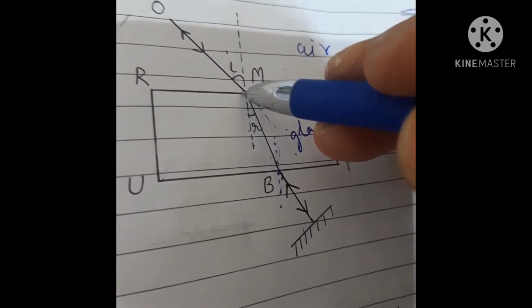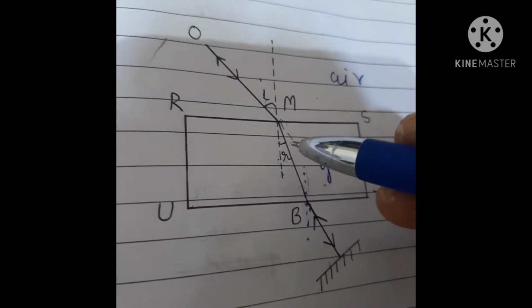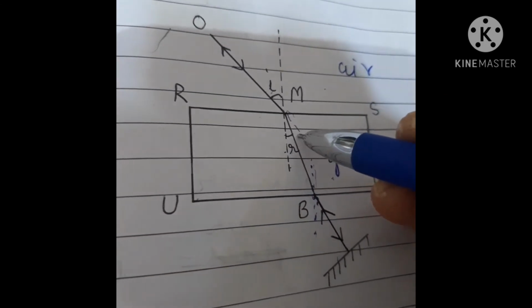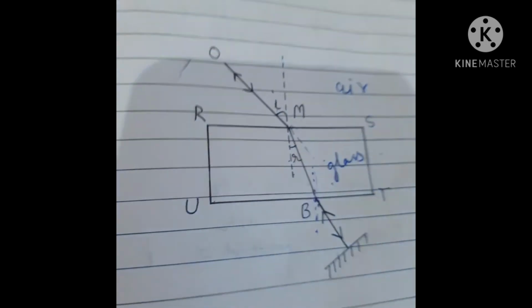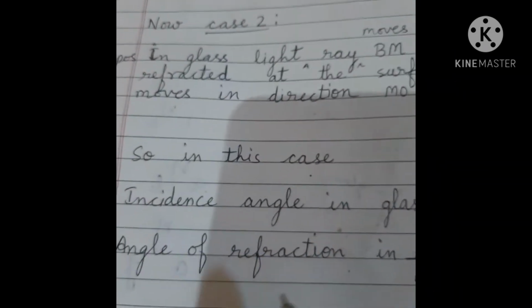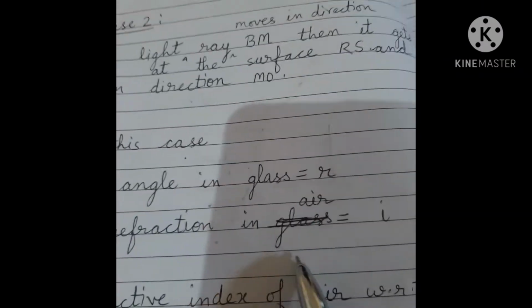This is opposite to the previous case. So the angle of incidence in glass is R, and the angle of refraction in air is I.